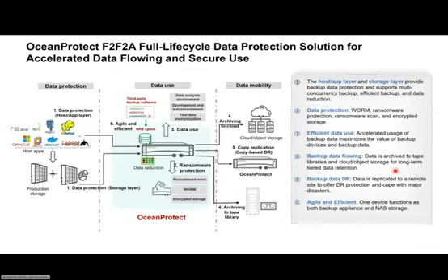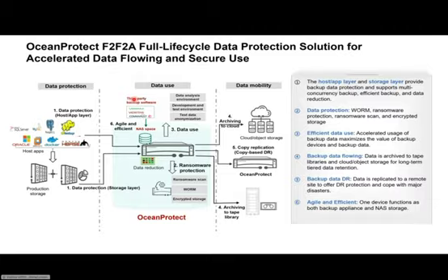Okay, so here is a full map of our OceanProtect backup appliance, the key features that we can support. I don't want to introduce it one by one, but I want to emphasize that our OPA now can support one device functioning as both backup appliance and NAS storage. What does this mean? It means that the OceanProtect backup appliance can split some LUN space to integrate third-party backup software, to act as a traditional backup system.